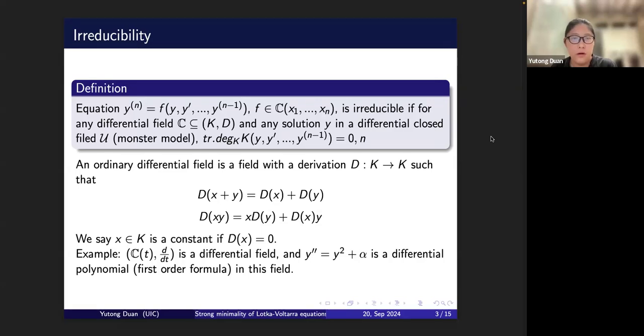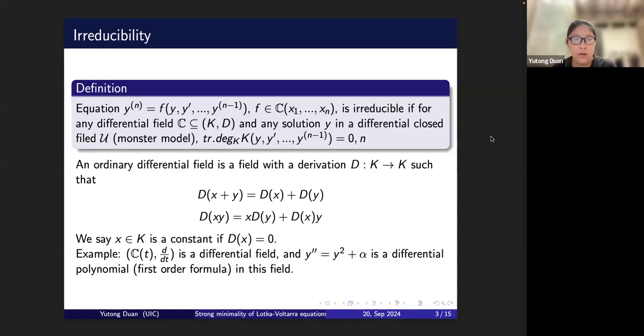As I just said, an ordinary differential field is a field with a derivation d from K to itself, such that d(x+y) = d(x) + d(y), and we also have the Leibniz rule. When we say an element in K is a constant, that means the derivative of it equals 0.